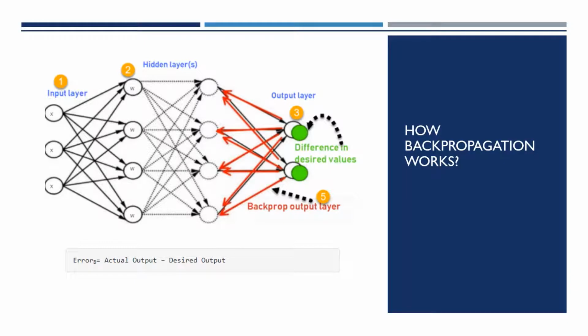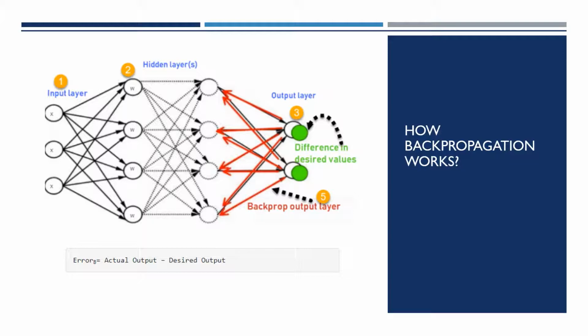Now let's see how backpropagation works. Consider the following diagram. Input X arrives through the pre-connected path. Input is modeled using real weights W. The weights are usually randomly selected. Calculate the output for every neuron from the input layer to the hidden layers to the output layer.